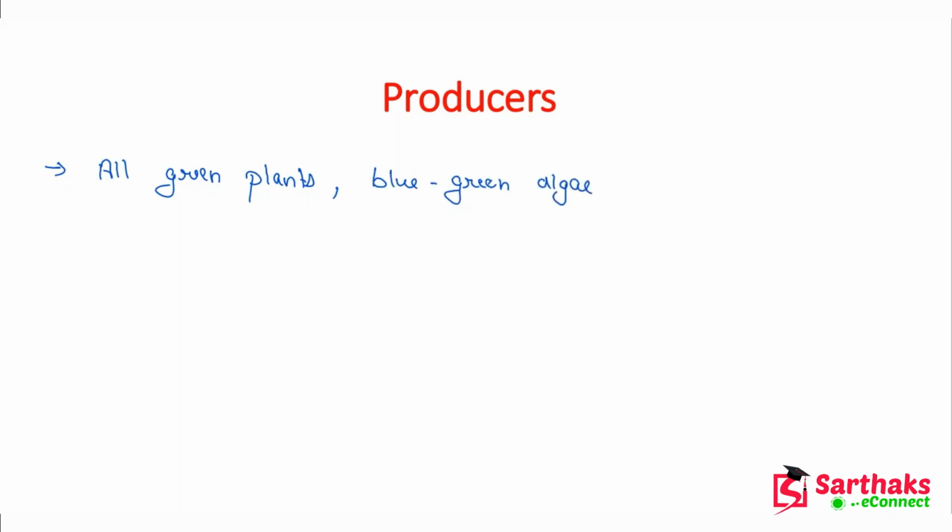They are called producers because they can produce their food, that is, sugar and starch, from inorganic substances.